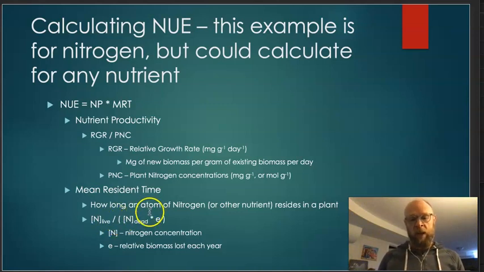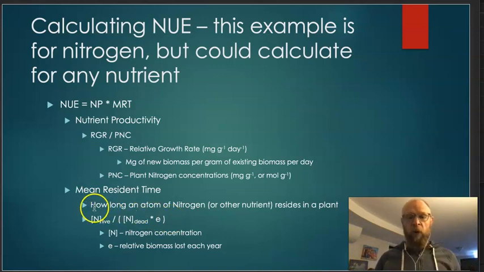So by multiplying the nitrogen concentration of the dead tissue times the relative biomass lost, it basically tells you what proportion of the nitrogen is lost every year.